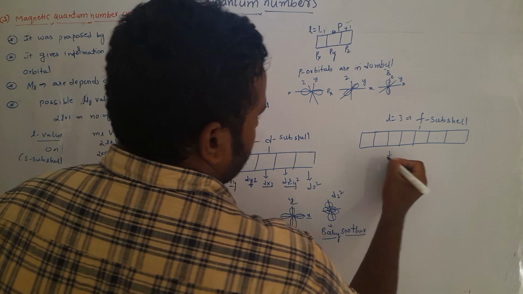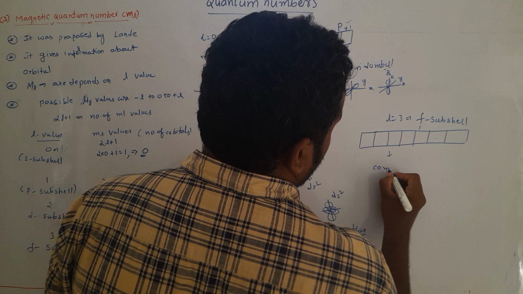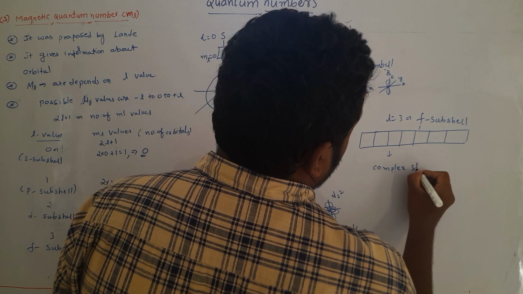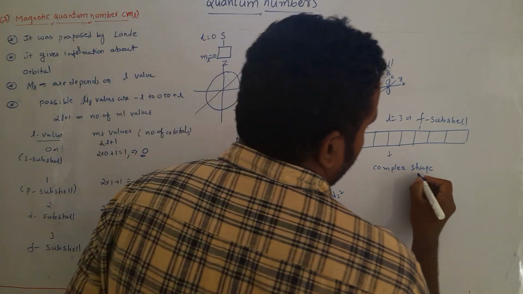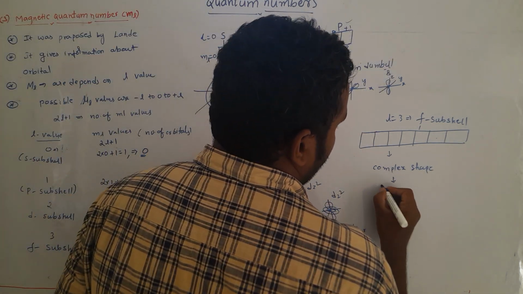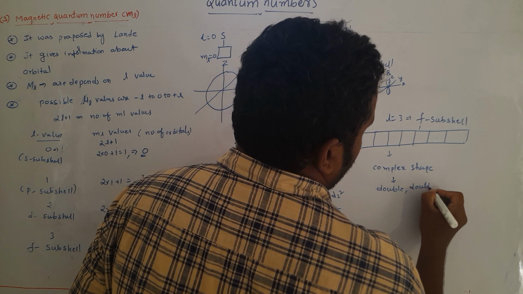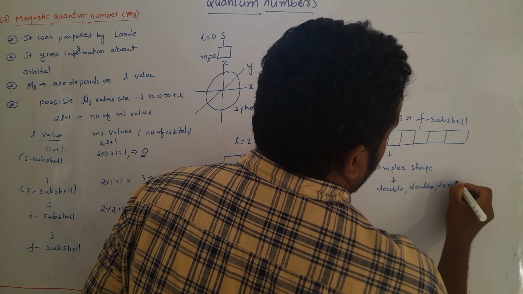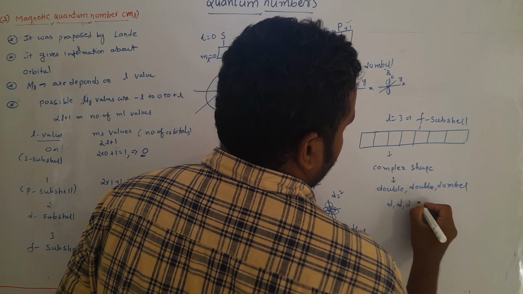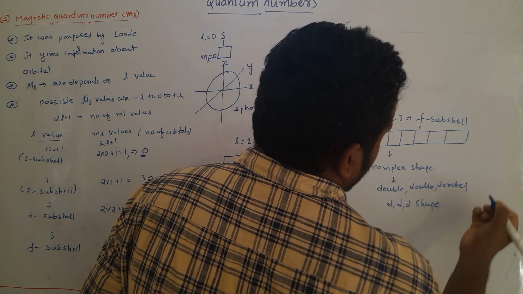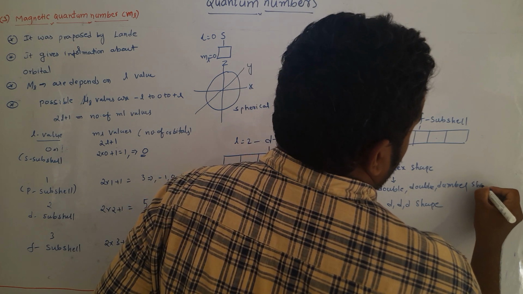If anybody asks what is the shape of the f subshell, it is a complex shape, or it is also called double dumbbell, like a triple d shape.